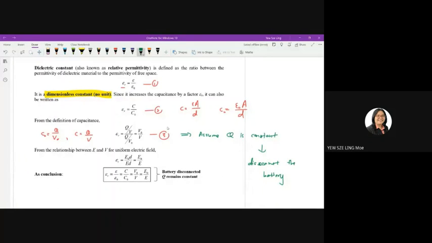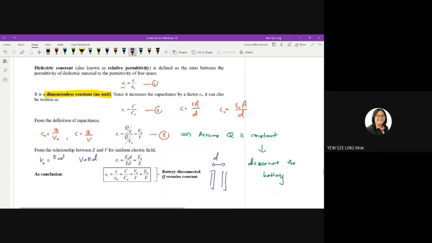If you arrive at step number 3, you can then derive one more equation by using V naught equals E naught D, and V equals ED. D is a constant value. Why? Because you didn't change the distance between the plates. Distance is constant regardless of whether you insert dielectric or not.